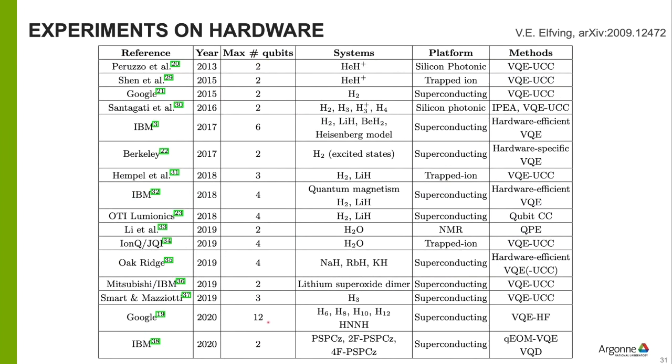The largest here is 12, where Google ran a Hartree-Fock simulation on a quantum computer, which is not as hard as running unitary coupled cluster, for example. For unitary coupled cluster, I think the maximum number of qubits is 4, and for the hardware efficient ansatz, it's 6-qubit problems that they've done on actual quantum hardware.